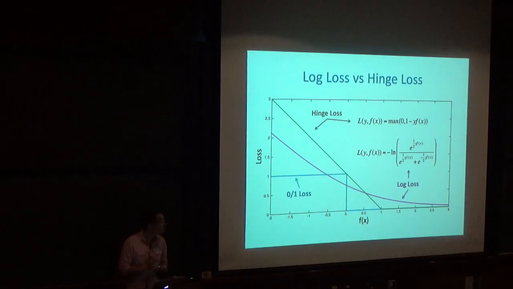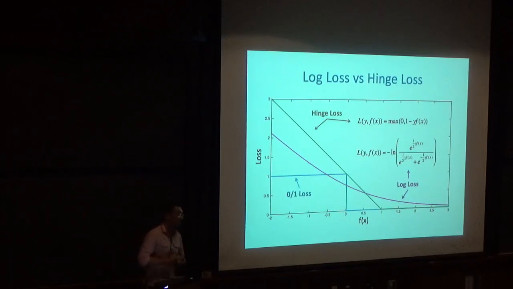Is there a reason for writing it like that in the log loss instead of if you divide? Is there a reason why I wrote it this way? So in terms of optimization, this is not the most convenient formulation.